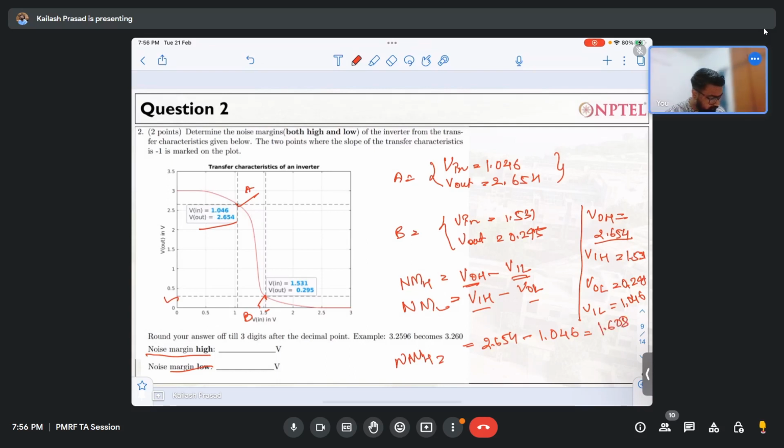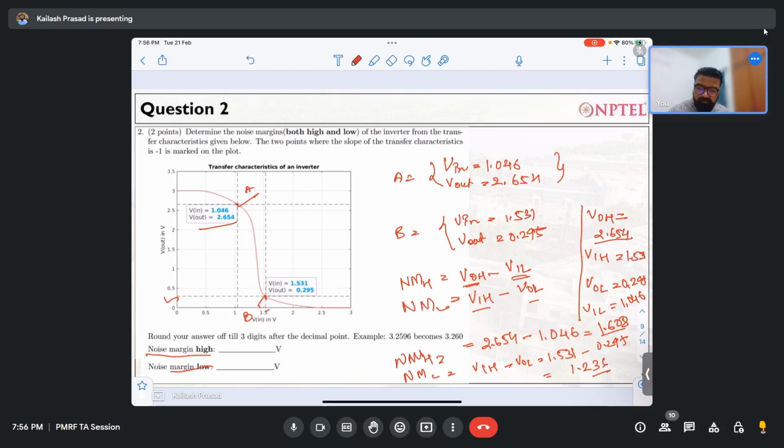And NML is VIH minus VOL, right? So this will be 1.531 minus 0.295. This will be what? 1.236.